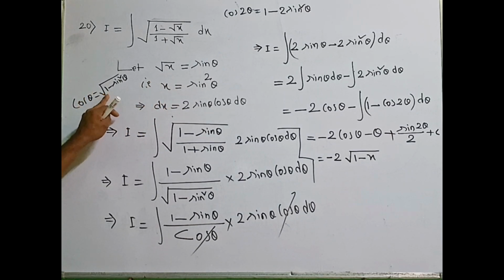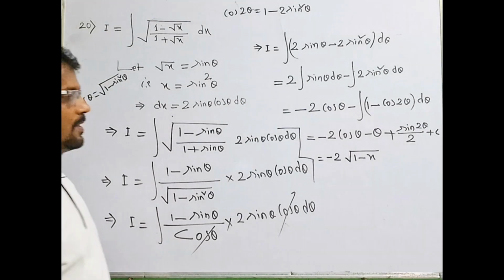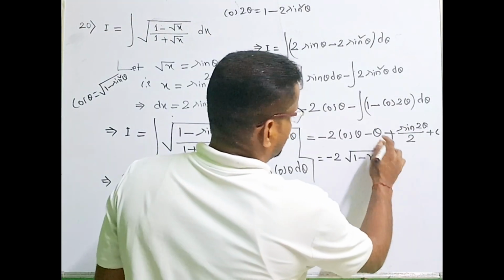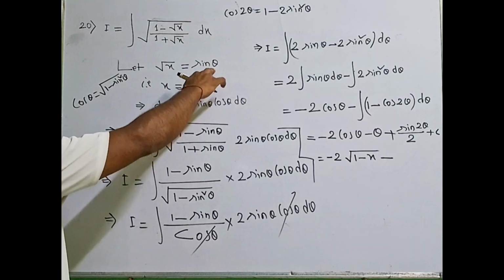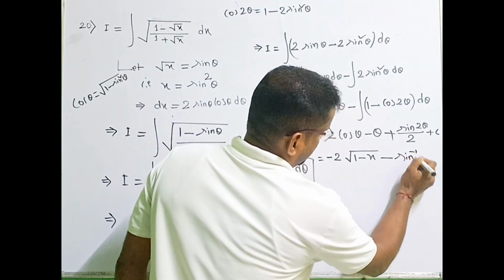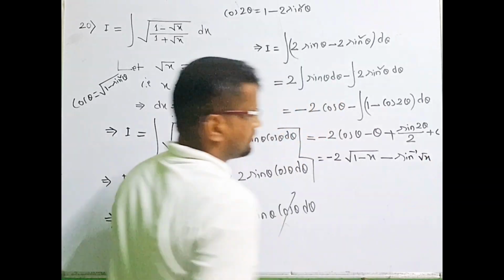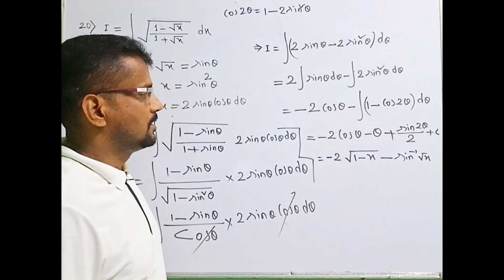Therefore cos theta is root over 1 minus sine square theta, that means only x. Minus theta. Theta value from here you can get. Theta is your sine inverse root x. So here it is sine inverse root x. This is theta. I have replaced it as sine inverse root x.